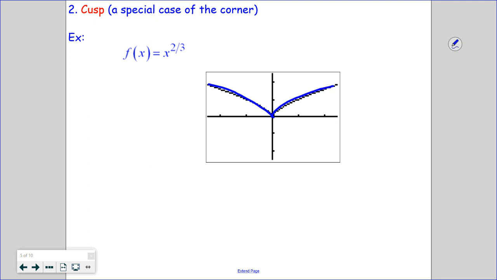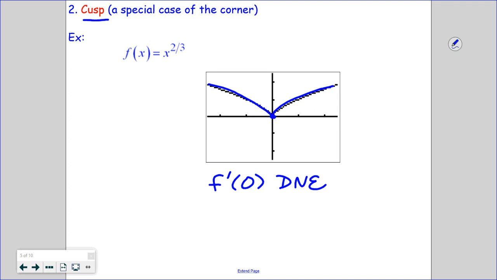Again, there's a sharp corner at x equals 0. More specifically, we call it a cusp. But f prime of 0 in this case does not exist, again because that graph does not have the property of being locally linear.